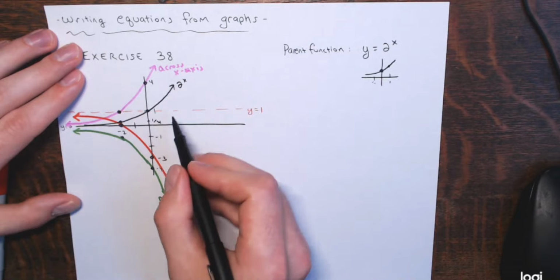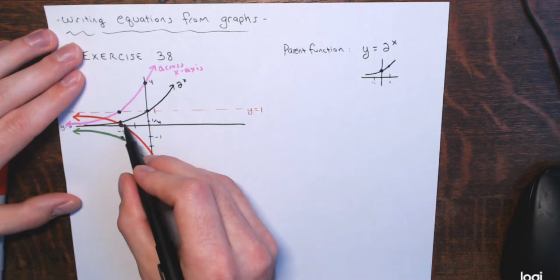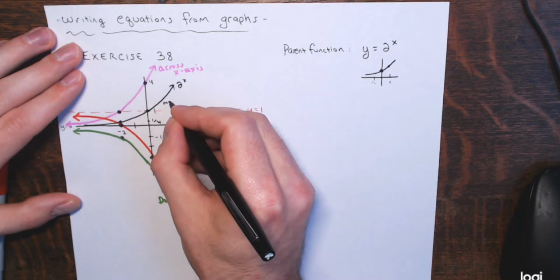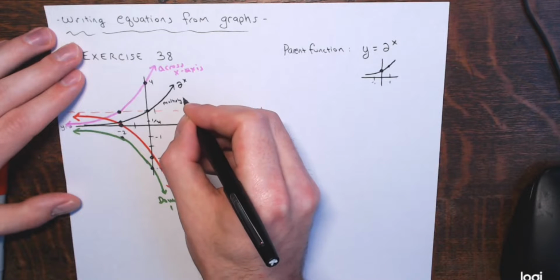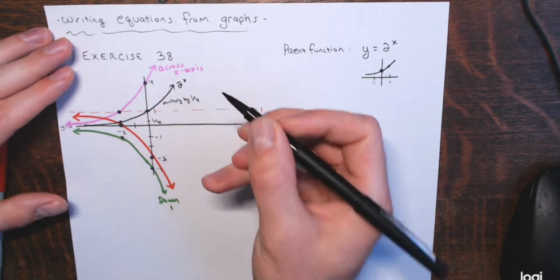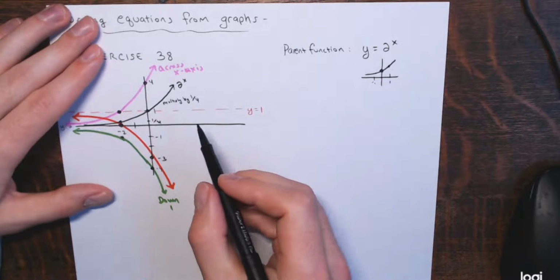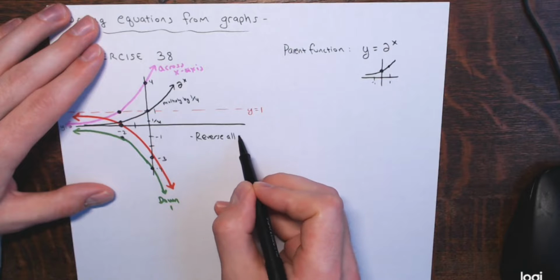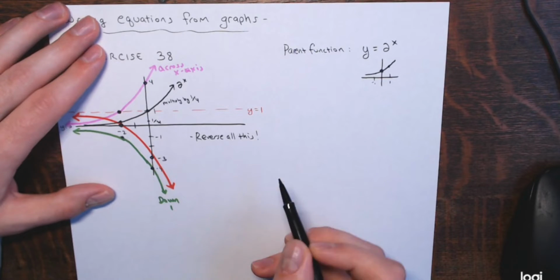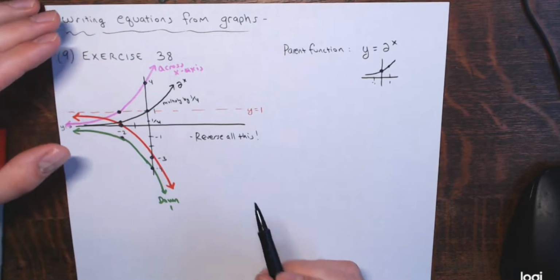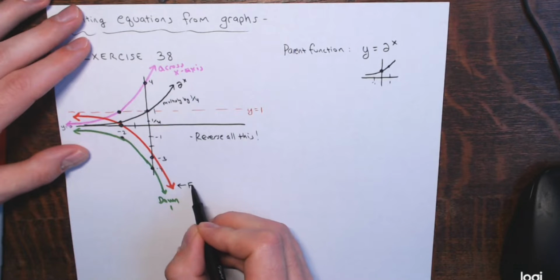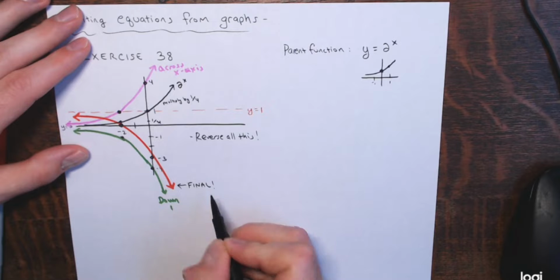It has 0, 1 on it, negative 2, 1/4. And what I did to get from pink to black here was I multiplied by a quarter. All right, so now I'm going to reverse all this to see what the graph of our final graph here, the orange graph, is. This is what I want the equation for, right?